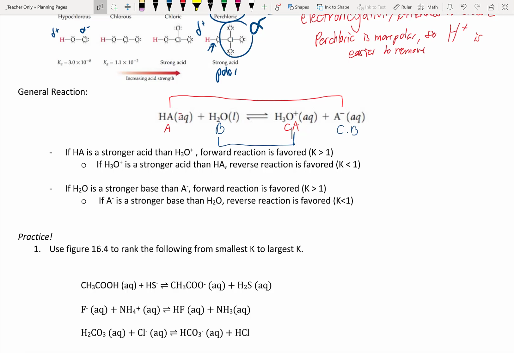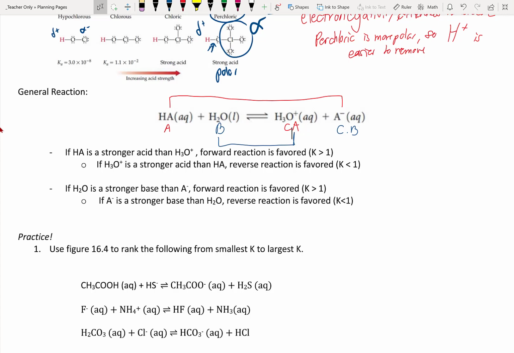We could also look at this in terms of the bases. If H2O was a stronger base than A-, then the forward reaction would be favored, okay? It would accept the protons to create H3O+. Whereas if A- was the stronger base, then it would accept the protons and become HA, and thus the reverse reaction would be favored. Okay?